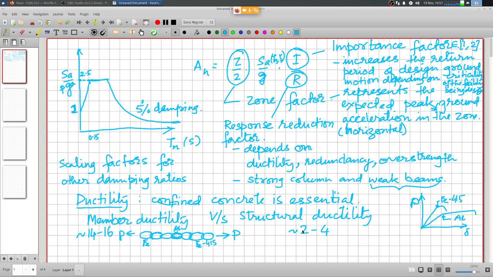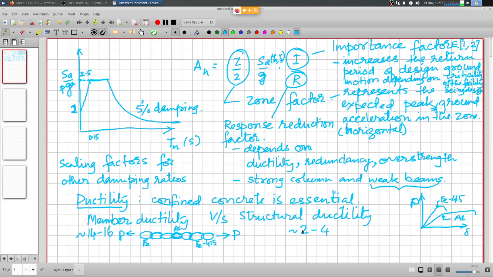The reason being, not all elements are going to yield simultaneously, and they are not going to admit the plastic deformation to the same extent, right? So individual member ductility values may be very, very flattering.